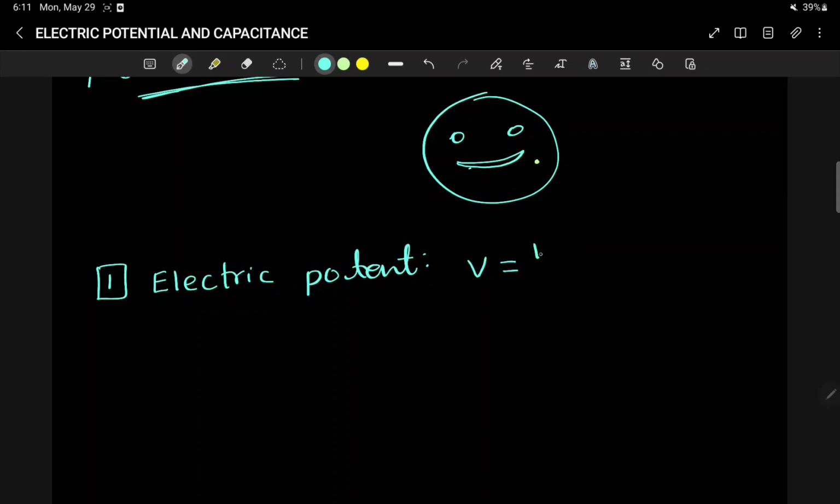Or if you consider any charge which you are moving, that charge is written here. So electric potential is defined as work done divided by the magnitude of moving charge. Okay, and what will be the unit for this? For work done it is joule per coulomb, or you can just write volt.